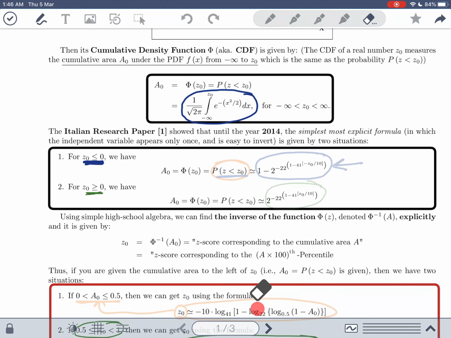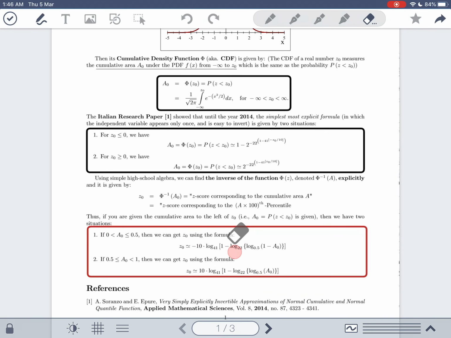So let's erase this quickly, and I remind you that when z is less than or equal to 0, we use this approximation for the area to the left of z0. And if the area to the left of z0 is between 0 and half, then z0, the negative one, it will take this formula.